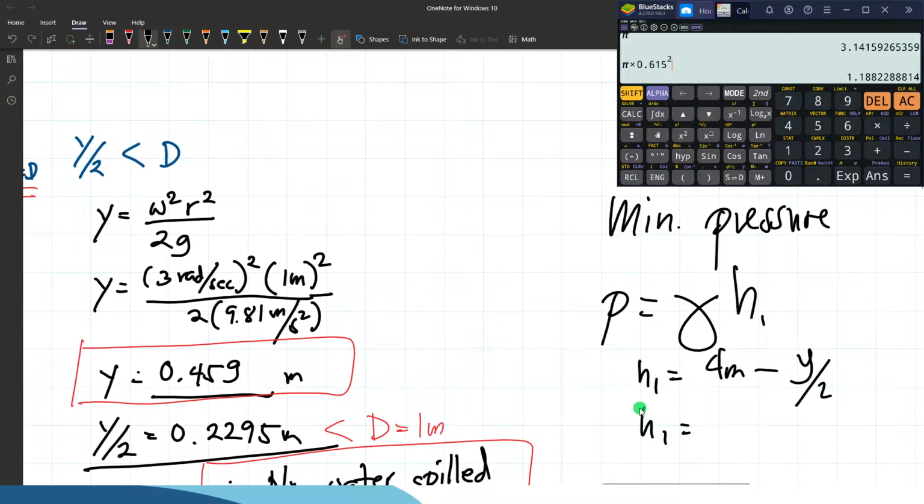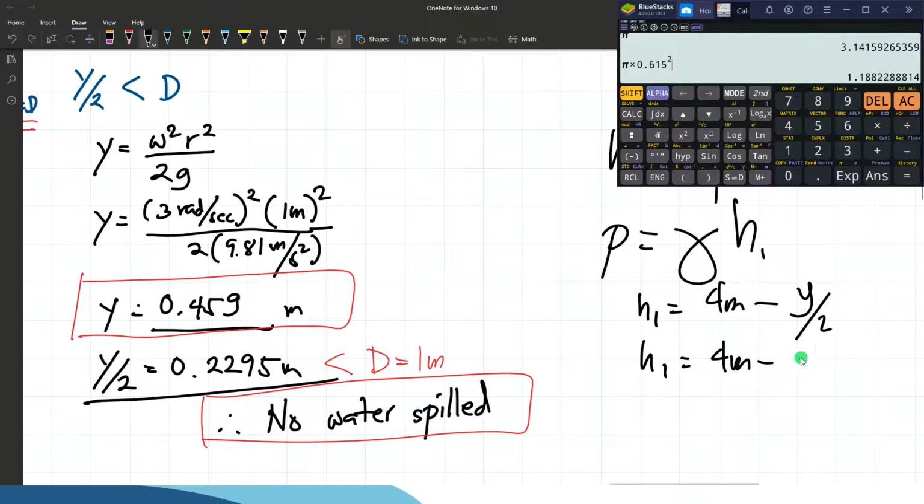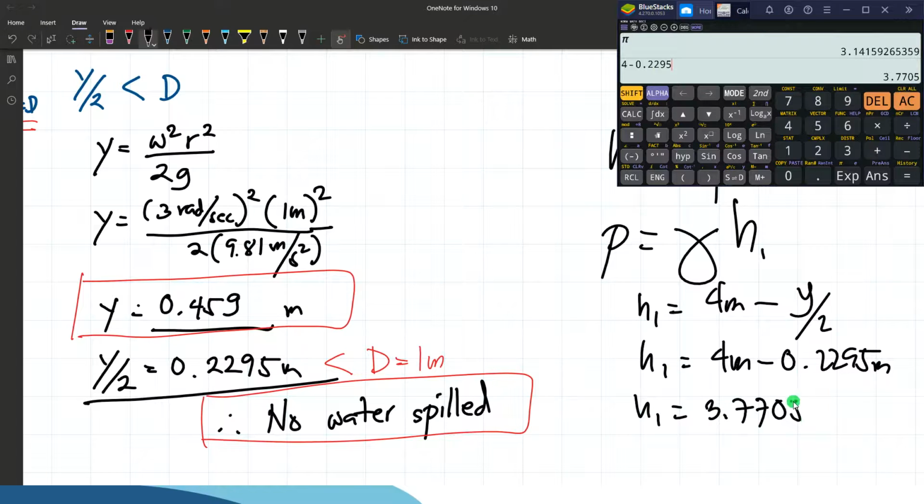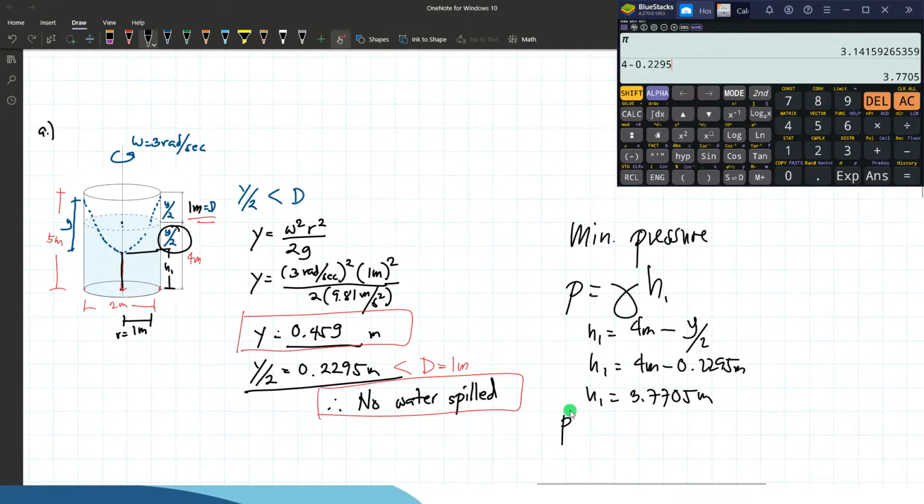For h1, h1 is equal to 4 meters minus 0.2295, which is 3.7705 meters. So we can now determine the minimum pressure, which is 9.81 kilonewtons per cubic meter multiplied by 3.7705 meters.